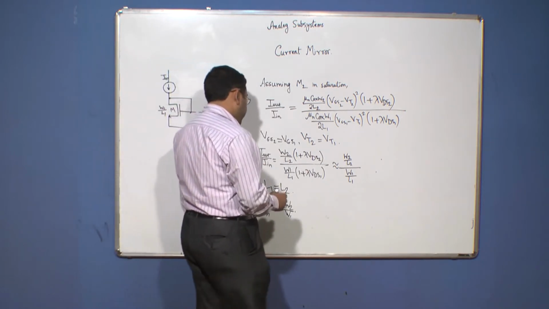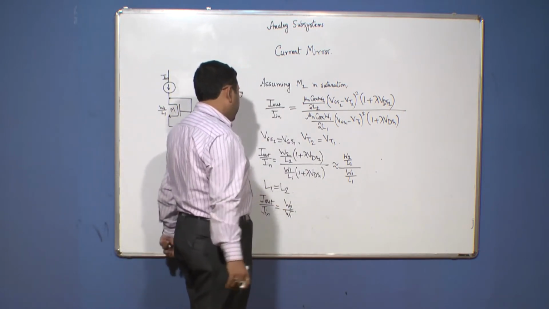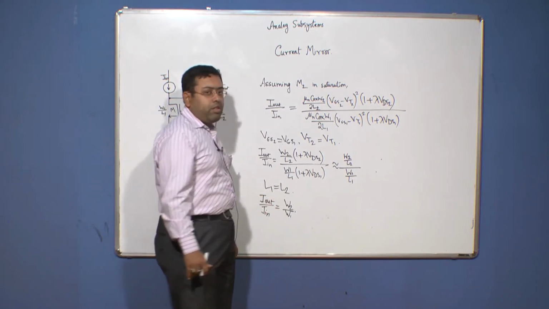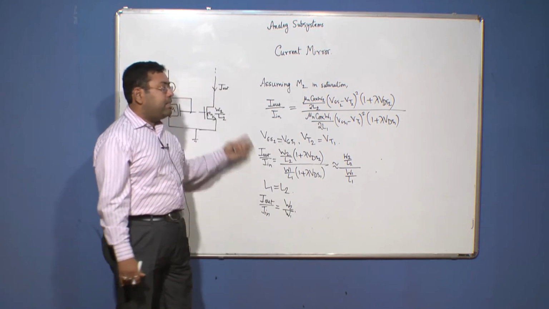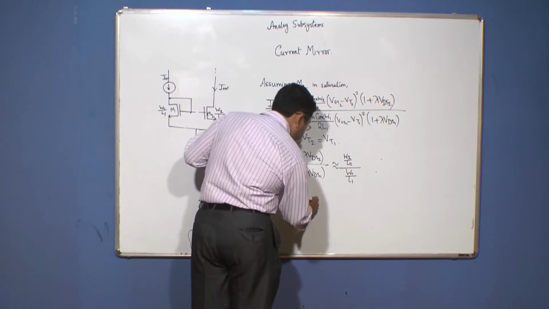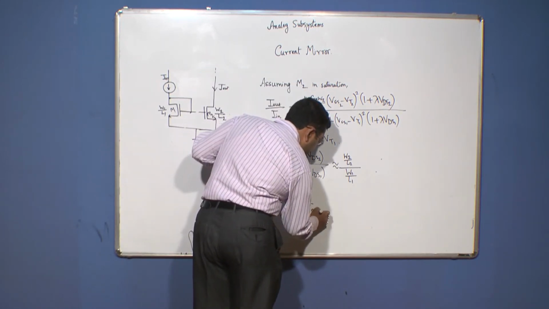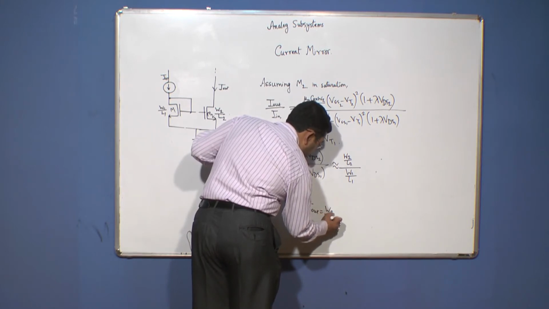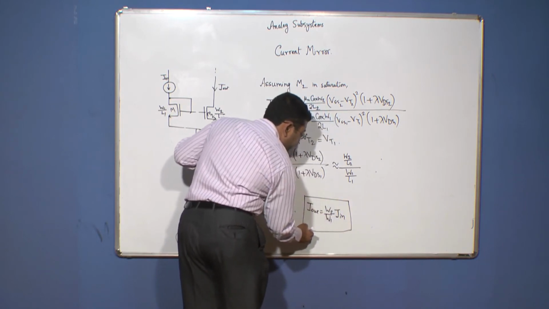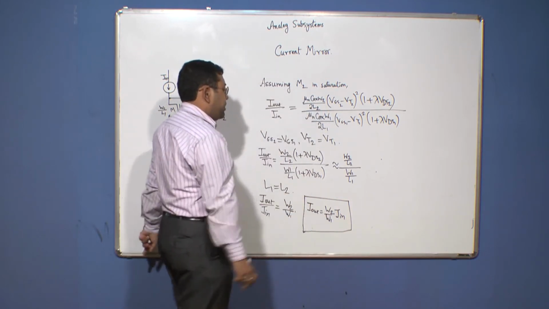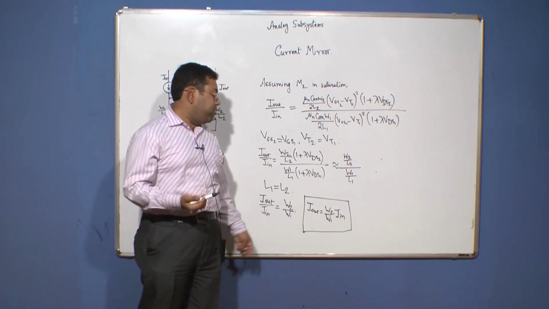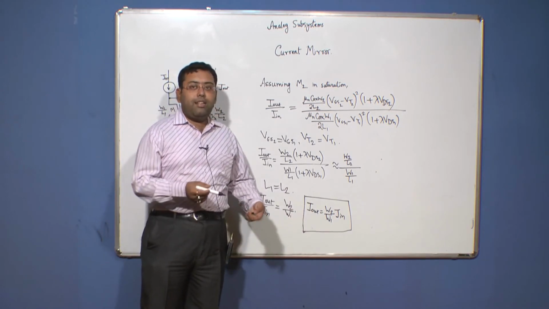Now, depending upon your requirements, you can choose W1 equal to W2 or scale up or down accordingly and get currents of required values in your circuit. So, we can write I out equal to W2 by W1 I in, which is basically the equation that guides us how to scale up or scale down the current from the output of a current source to provide current at different places of requirements in the circuit.